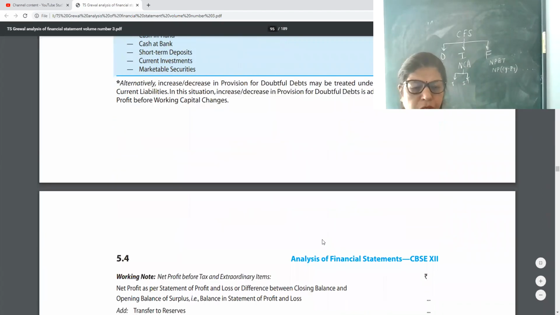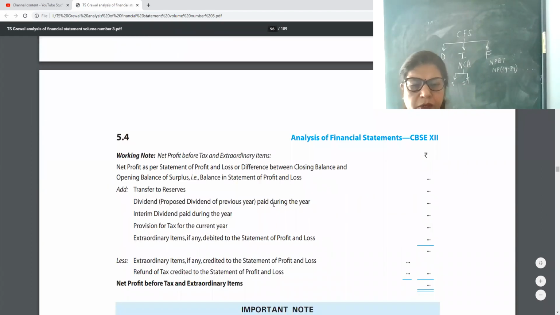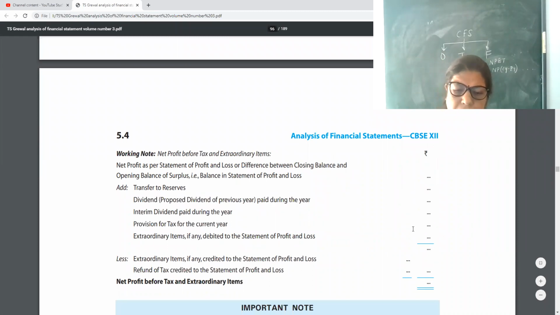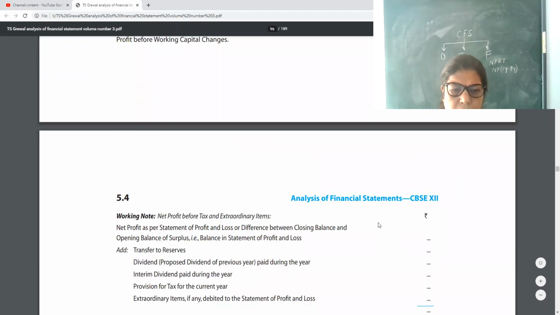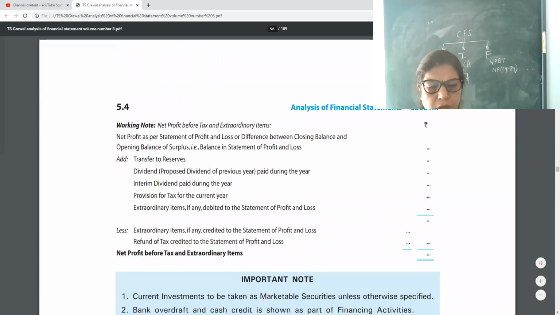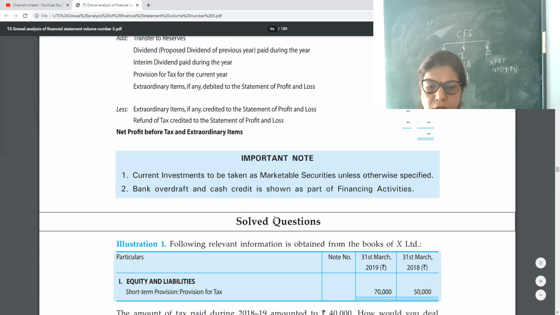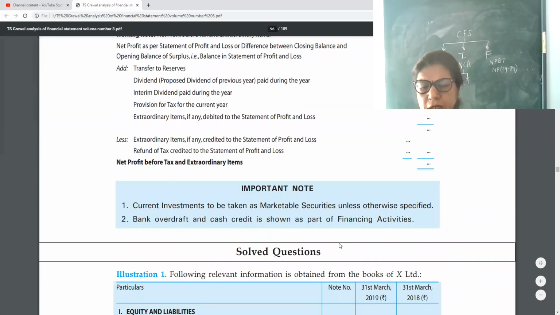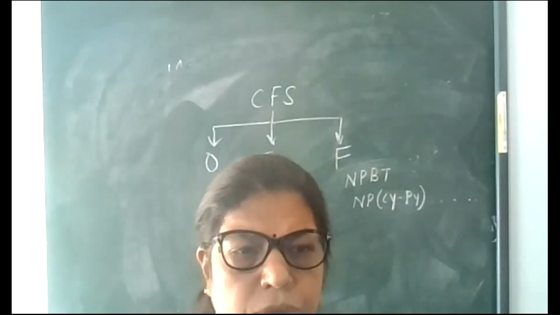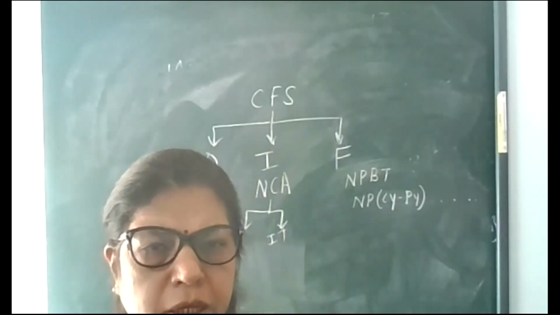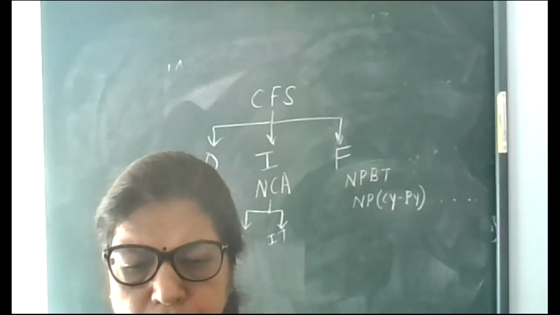And be careful. See, this is the working note you have to give at the end. This will not be shown in cash flow. You have to calculate first of it. Then important note, bank overdraft and cash credit to be shown as financing activities. I am sure you all will be able to do the numericals, which we will start from tomorrow onwards.